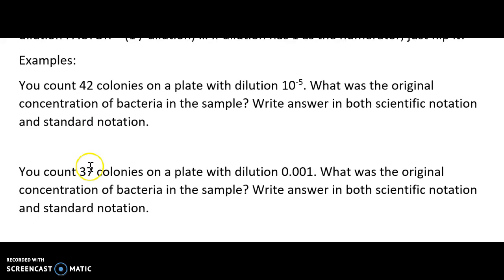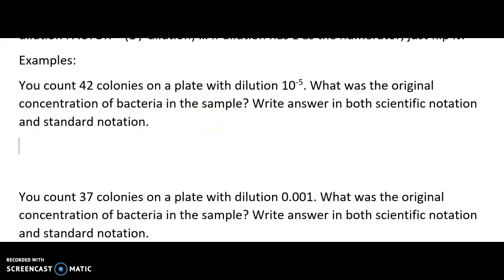Here's an example. You count 42 colonies on a plate with a dilution of 10 to the negative fifth. What was the original concentration of bacteria in the sample? It's going to be 42, the number of colonies, times, how much? Well, I'm given the scientific notation 10 to the minus 5.